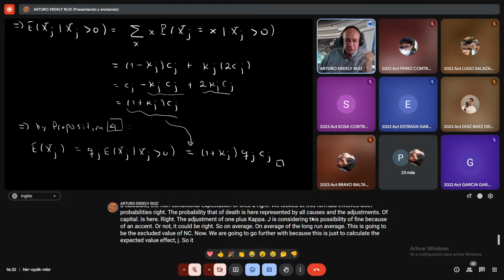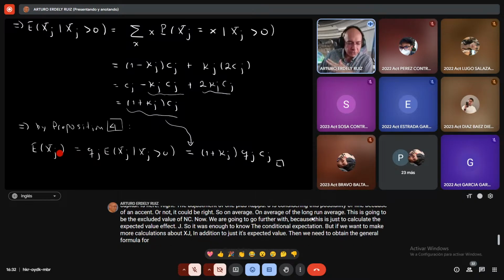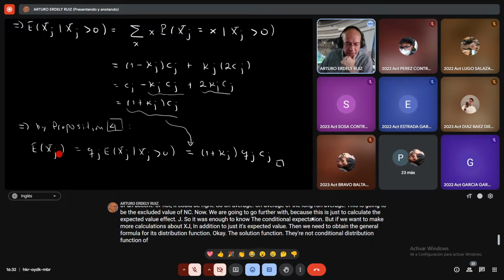Now, we are going to go further because this is just to calculate the expected value of xj. So it was enough to know the conditional expectation. But if we want to make more calculations about xj, in addition to just its expected value, then we need to obtain the general formula for its distribution function. Okay? The non-conditional distribution function of xj.